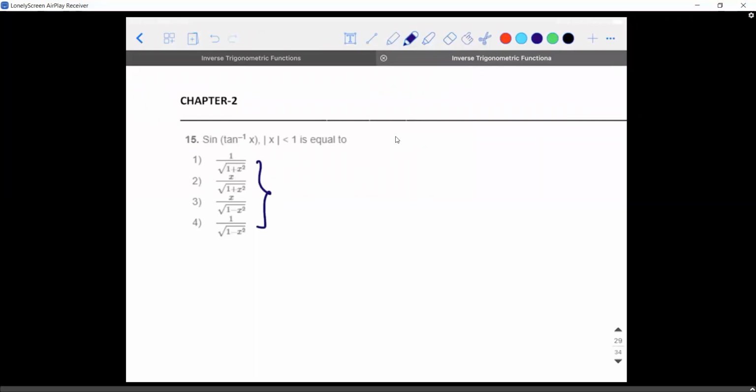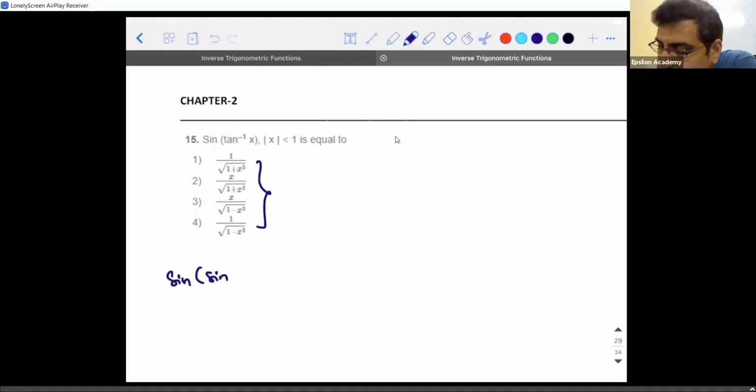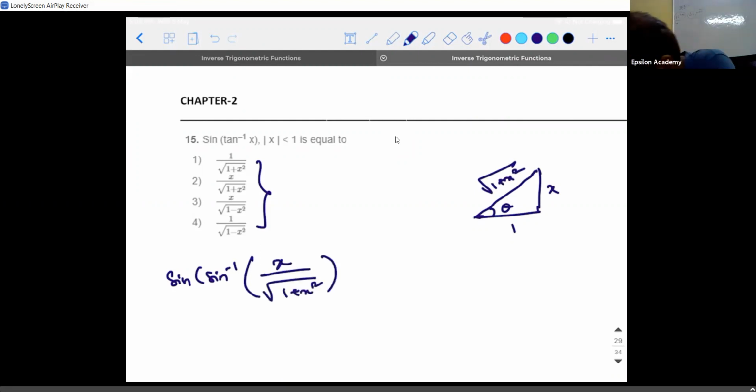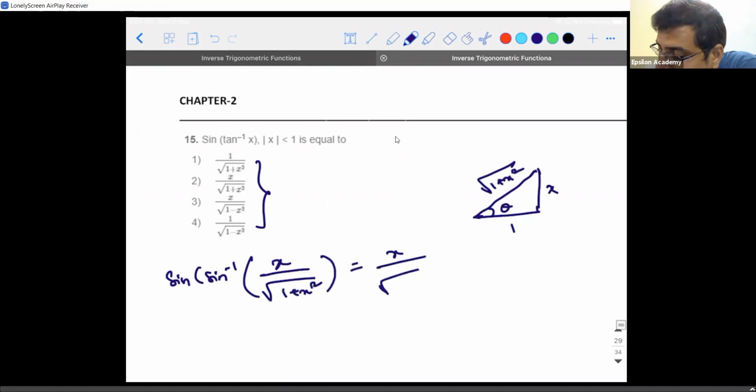Sine inverse of sine x or sine of sine inverse. Perfect. So sine of, I will find out what is the value of tan inverse of x in terms of sine inverse. Theta, if this is x and this is 1, this will be root of 1 plus x square. So is it not sine inverse of x divided by root of 1 plus x square? Right. So this will be x by root of 1 plus x square. Accepted?